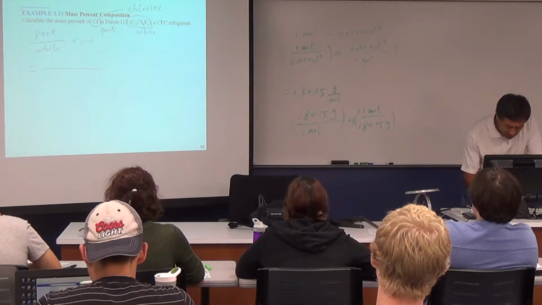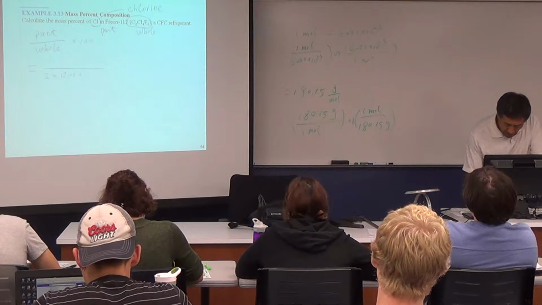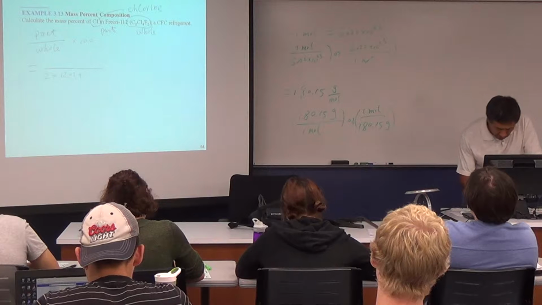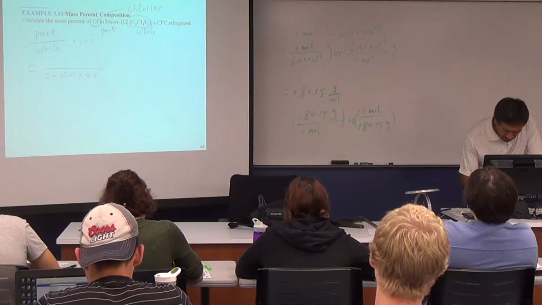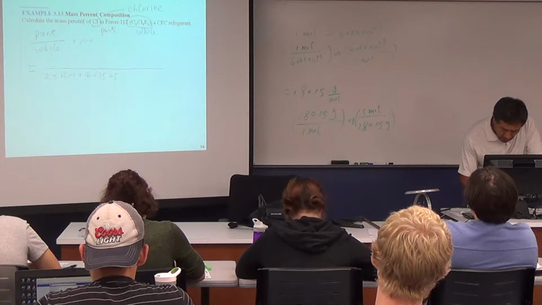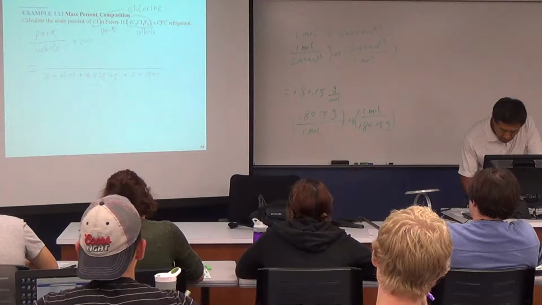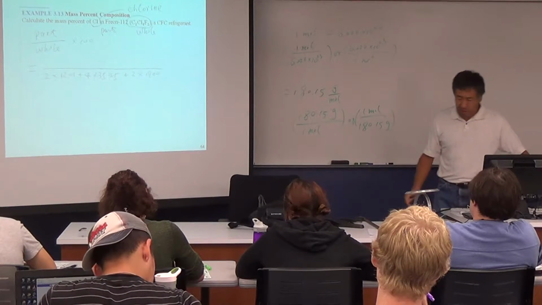Now we can see we have 2 carbons, so I will take 2 times 12.01. And for Cl, Cl is 35.45. And how many fluorine do we have? Right, so that is the whole.